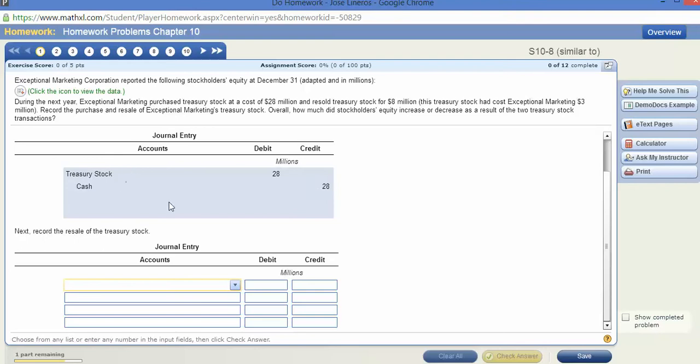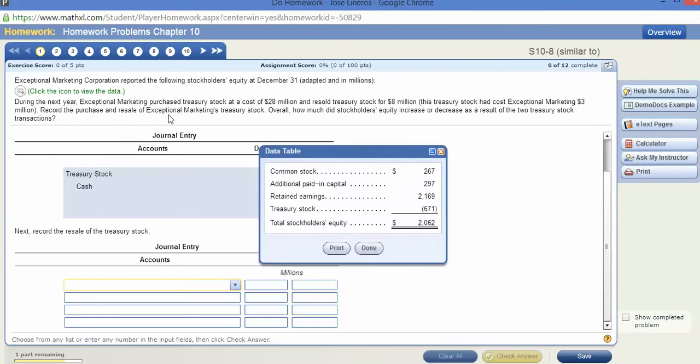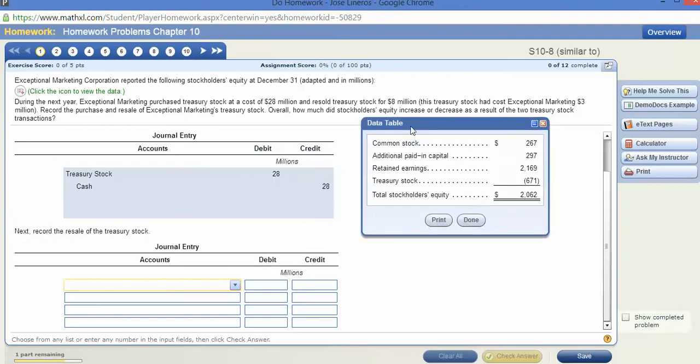This is important because there's a tendency when you're making these entries to try to take common stock off the books. You leave common stock on the books, you debit treasury stock. You can see here in the previous balance at the beginning of last December 31st, you already had treasury stock. So don't lower existing common stock.